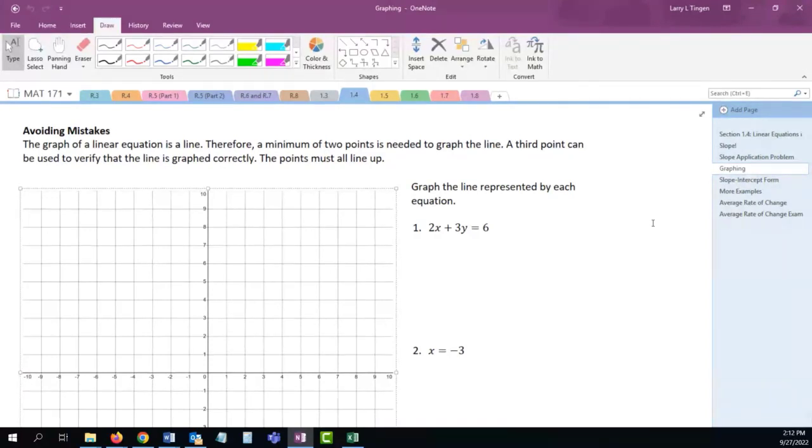So really all I have to do is find 2 points and then connect those, and then draw a line that goes through both of them. Sometimes, just to be safe or check, or if you're having an off day and you're not confident with your math, find a third point, make sure they all line up, and it'll help you.